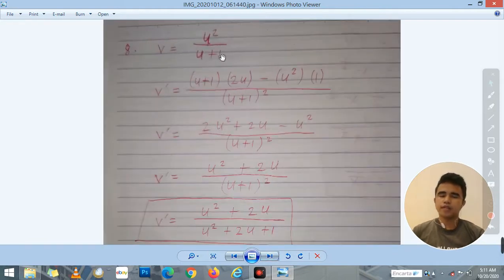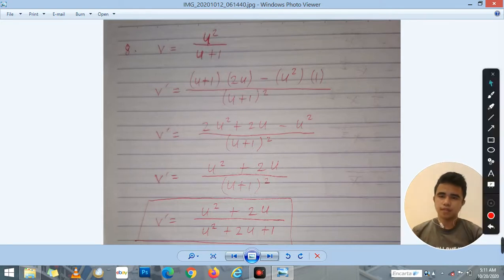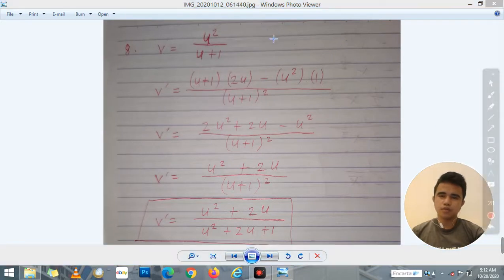And for number 8, so for number 8, we can apply quotient rule. So we can have here by applying quotient rule, we have denominator times the derivative of the numerator.